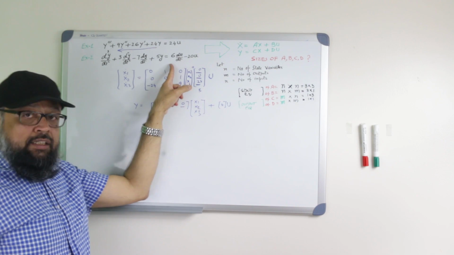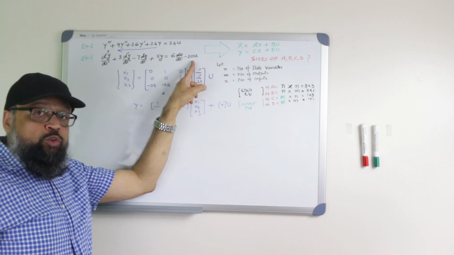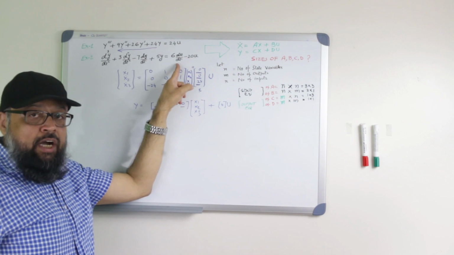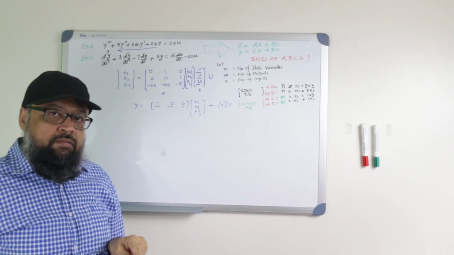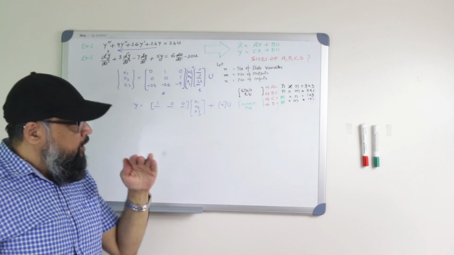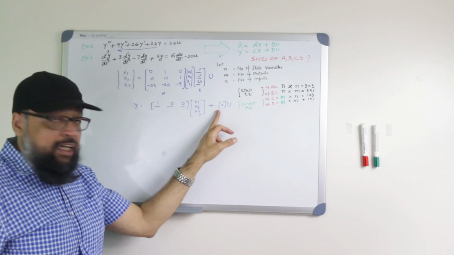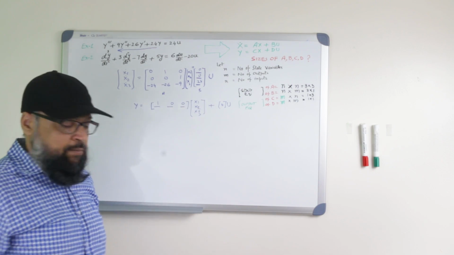There is a difference in the other equation, because there we not only have u, but we also have a derivative of the input, du by dt. So how to handle this? We will do this after I explain why these are 1 zeros and 1 zeros here. This I have already explained, so let's do that.